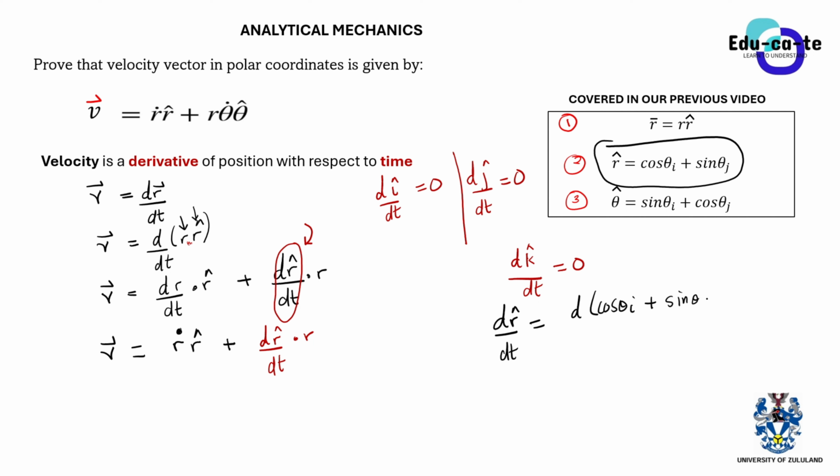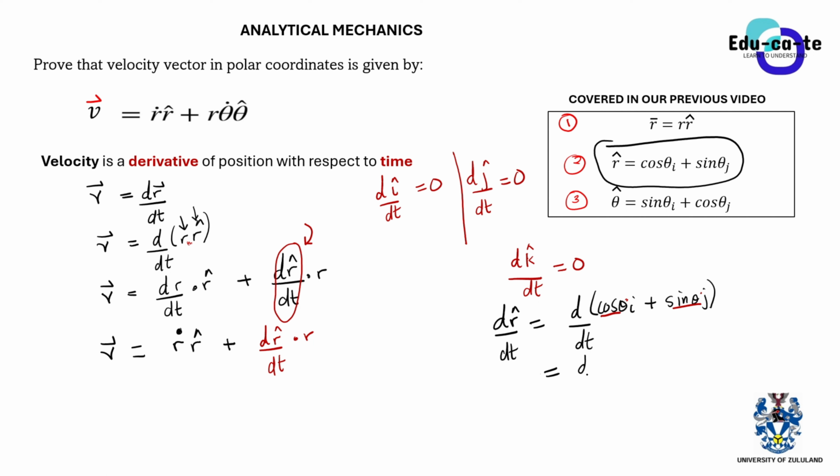We can notice that we still have a product of things here: cos theta multiplied by i, and sin theta multiplied by j. So we can get the derivative there using the product rule as well.